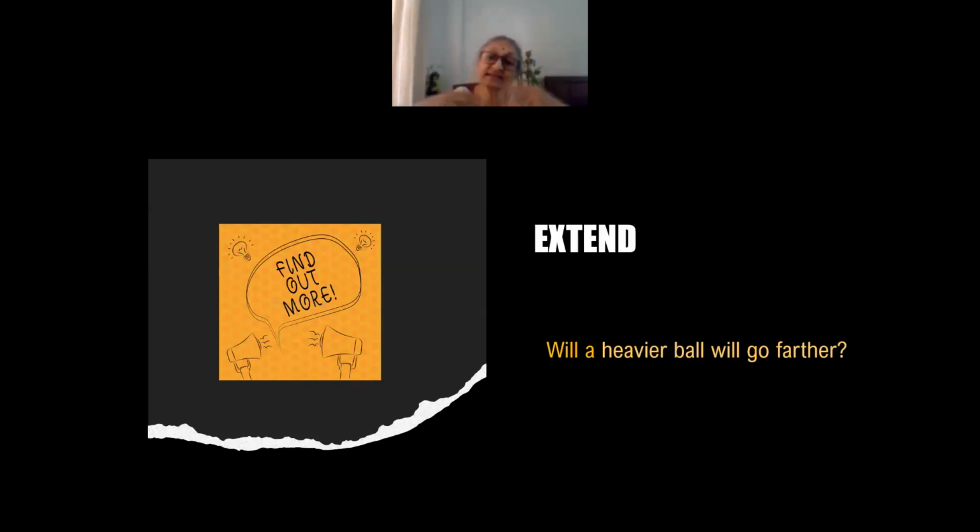So now this is an extension in the story. Now the children can further explore whether a heavier ball will go further or a lighter ball will go farther. And this is how they can increase the complexity of the project, study, and then give the solution. And this is how the problem was solved for Roshan and Kunal.